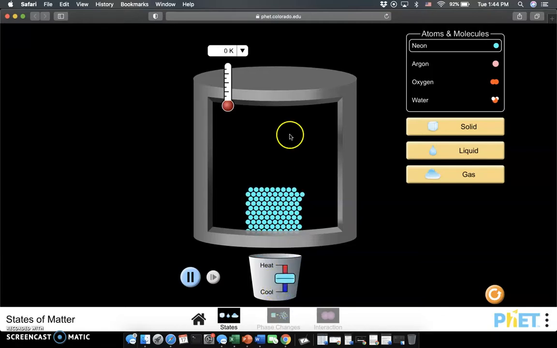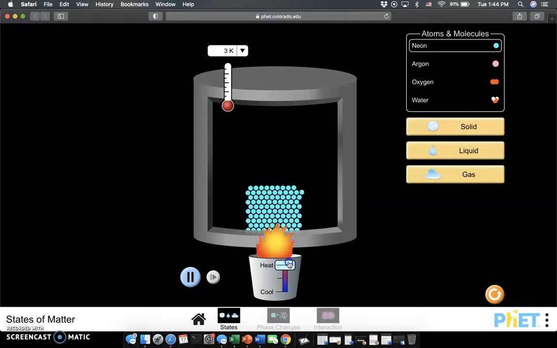Okay, there we go. So here's our temperature up here. See how it says 0 Kelvin? So this is at absolute 0, which we can't really reach in the real world, but this is the idea, that the molecules will completely stop moving. And that's what we have here exactly in this solid. We have cooled it so much that the molecules are no longer moving.